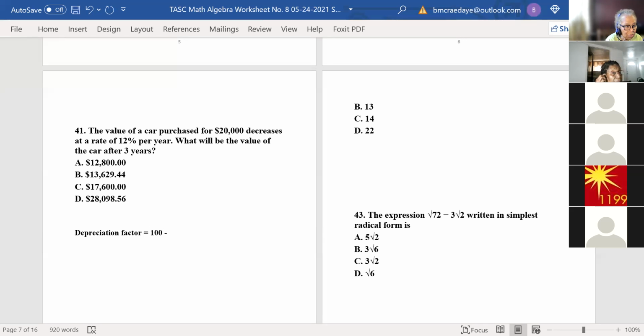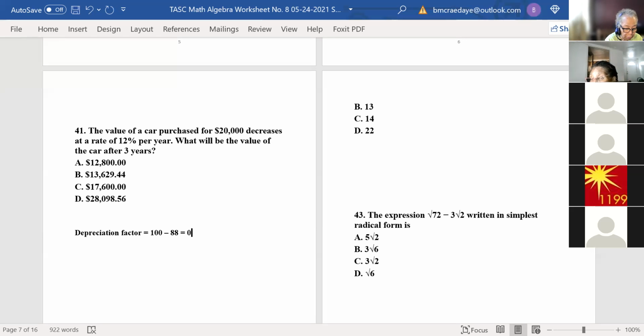Okay. Well, first you need a depreciation factor, and it's going to be 100% minus the 12%.